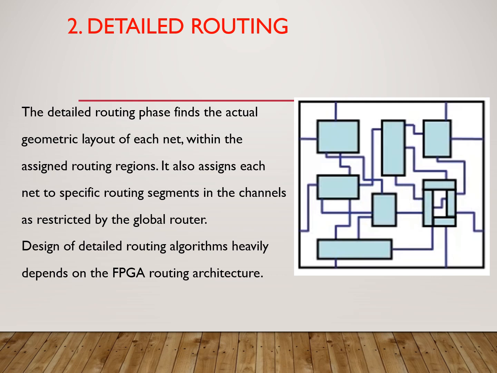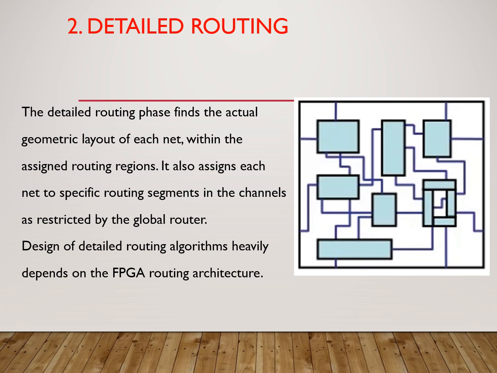It also gives the information about which channel regions are used for this net. It assigns each net to specific routing segments in the channel as restricted by the global router.